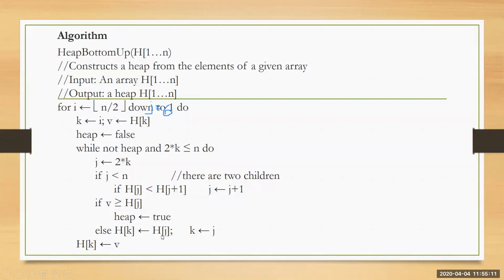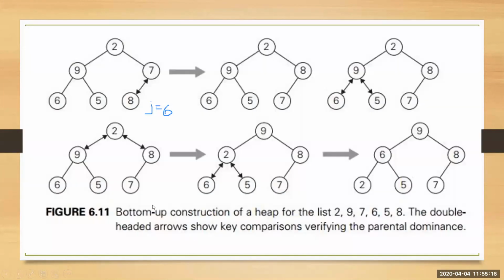After doing that, you have to make k equal to j. Initially k was pointing to index 3. Now your new k is the position where j currently is. Now this 8 is pointed to by k. Now this becomes your new k.